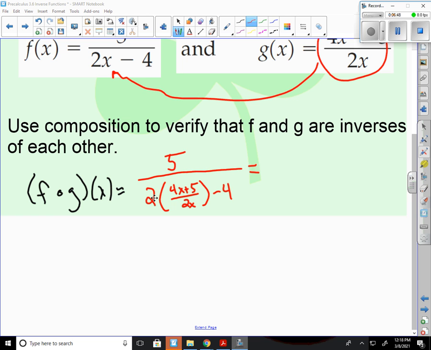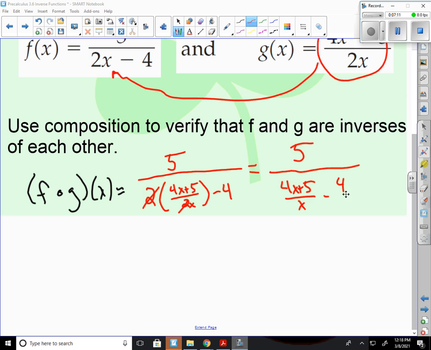The first thing that I notice here is if I do 2 times this, it's like doing 2 divided by 2. So I'm going to cancel those 2's out just to make it simpler. So this is 5 over 4x plus 5 over x minus 4.